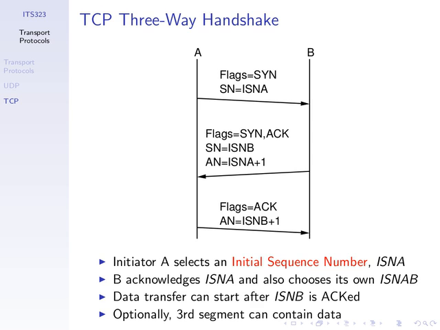It's allowed. 362, why? Initial sequence number 361, ACK saying thank you, I expect now 362. So the first data we send, in fact, should be 362, one more than the initial sequence number. Including the data here is an option.